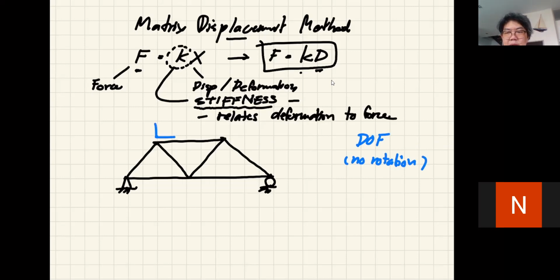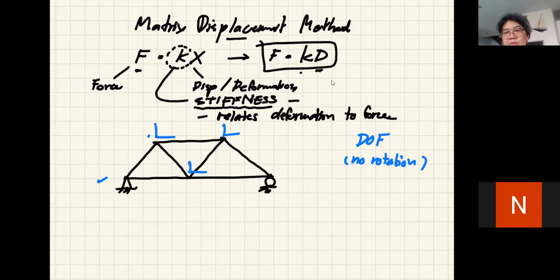With that said, each joint can be represented by 2 degrees of freedom, the movement in X and in Y direction. So we have 2 for one joint, 2 for this joint, and 2 for this one. So we have 6.